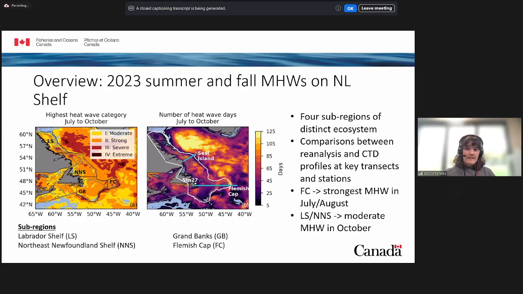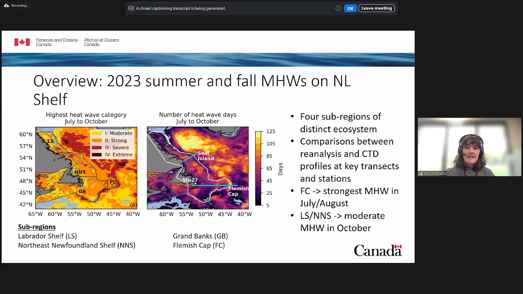The area considered in this study is the Newfoundland and Labrador shelf, which is defined by the white polygon in the plot on the right. We investigate marine heat wave conditions by averaging the sea surface temperature over this entire region. And we also explore temperature and salinity conditions along the 2 transects shown in blue.